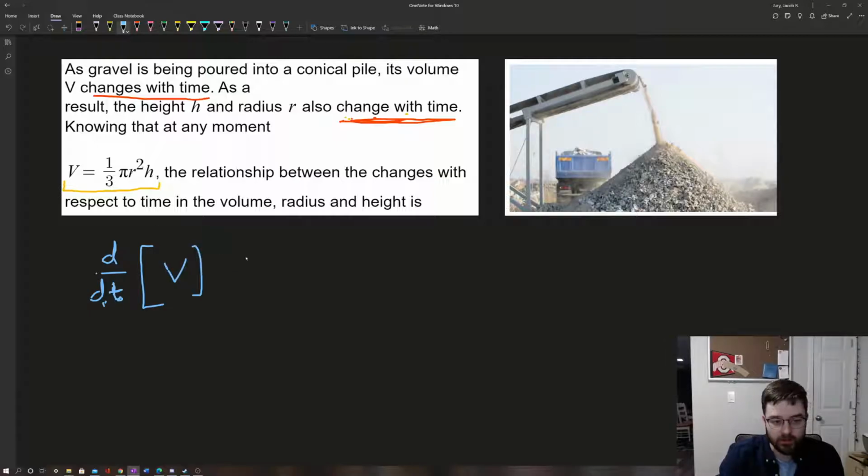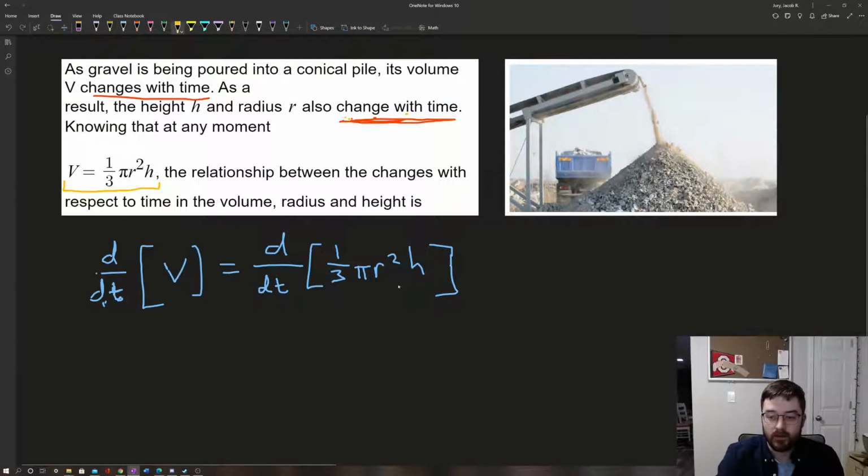We'll split this up into the derivative with respect to time of volume and the derivative with respect to time of 1/3 pi r squared h, which is the volume of a cone.